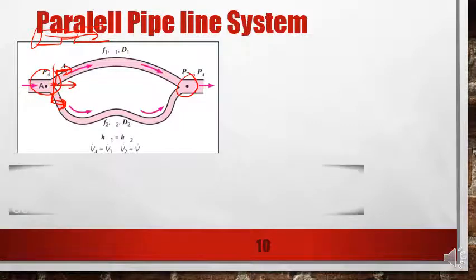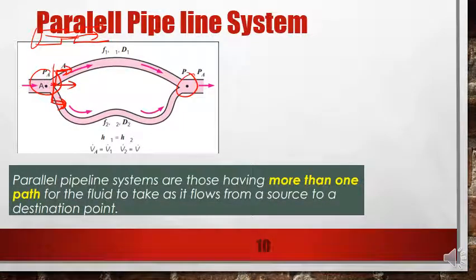Okay, so here we have the definition: parallel pipeline systems are those having more than one path for the fluid to take as it flows from a source to a destination point, path 1 and path 2, or maybe 3, 4.